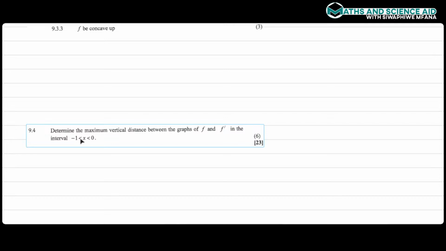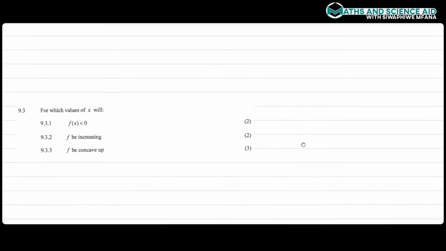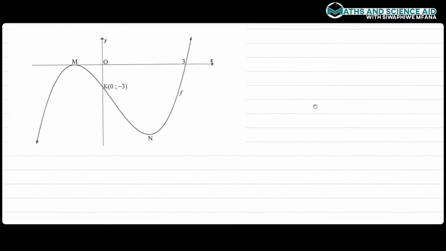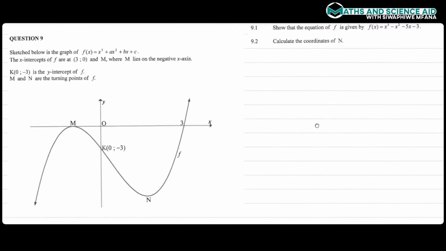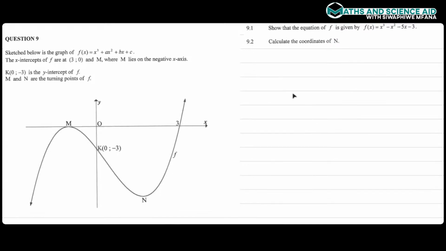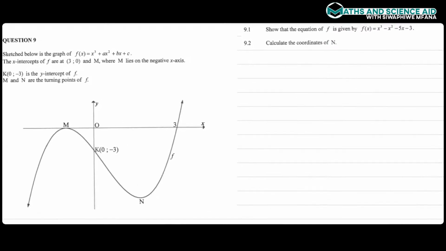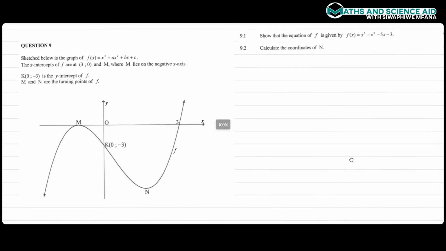So between this interval in the values of x. I found this to be quite interesting. Before we get here, let us quickly go through these questions about this cubic polynomial as well, because they are quite important too.